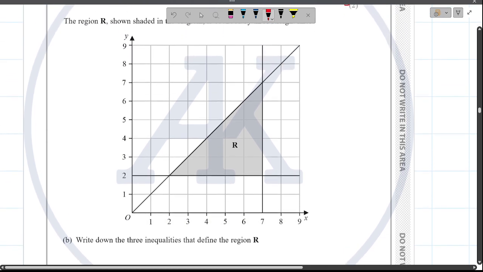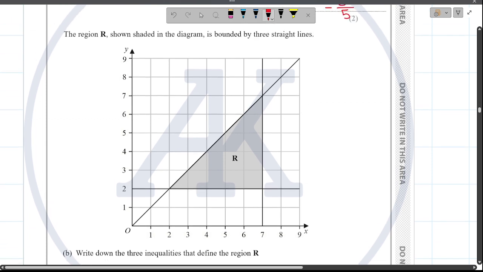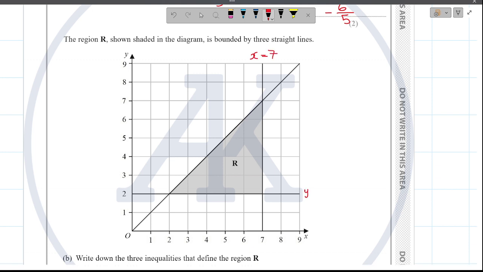Shading. Define the region R using inequalities. So first we are going to find the equation of each line. So this line is x equals 7, this line is y equals 2, and this line is y equals x.